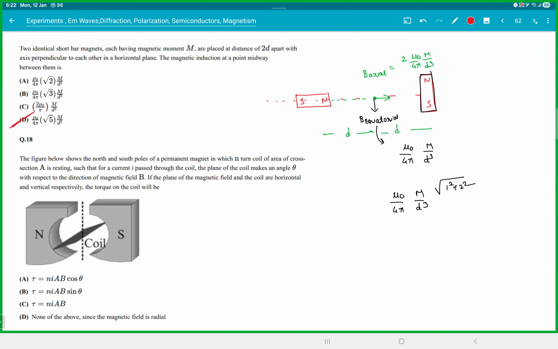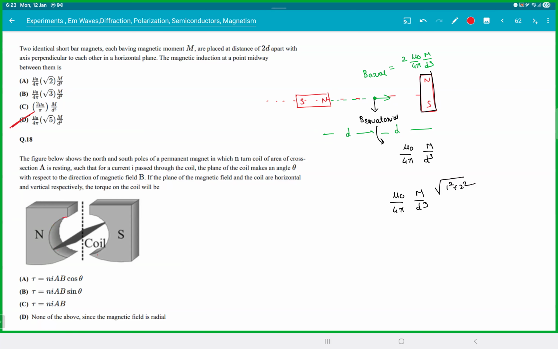What about the next one? This thing I explained to you in the last class. Do you guys remember why the shape is made this way?